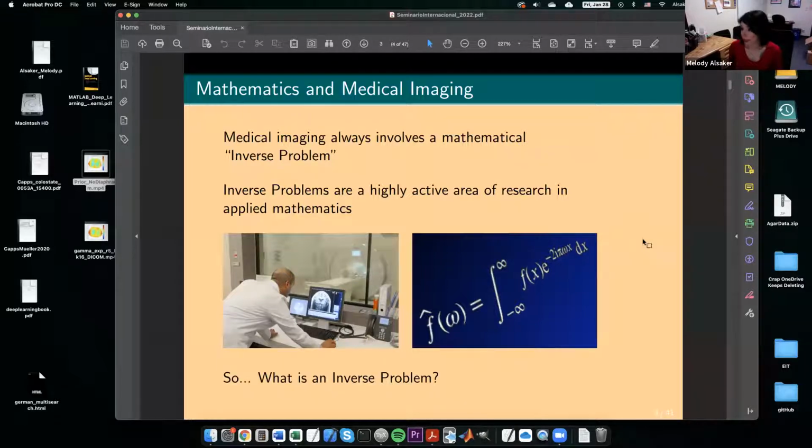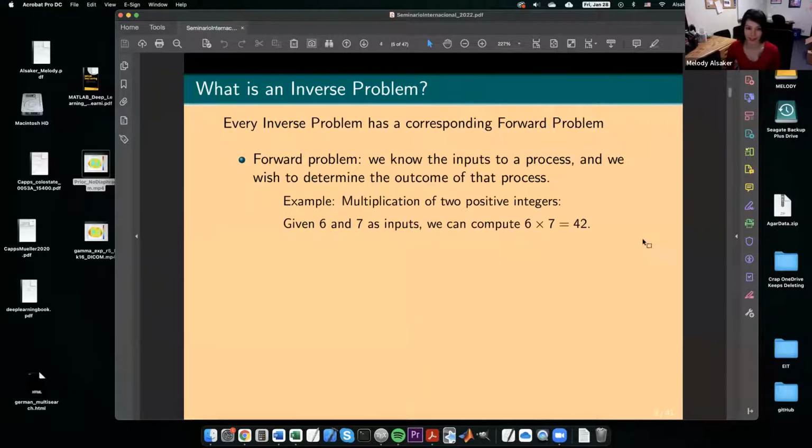So yeah, what is an inverse problem? Let's take a look at that to start with. Every inverse problem has a corresponding forward problem, and it's usually a little easier to understand the forward problem. Once you understand the forward problem, then it's pretty straightforward to understand what the inverse problem is going to be that goes with that forward problem.